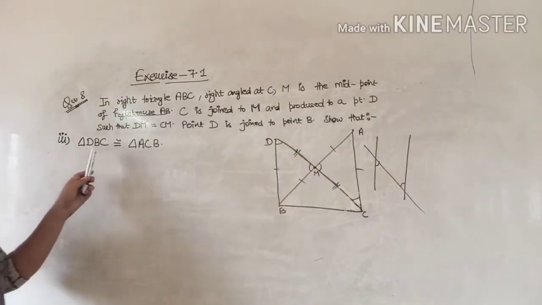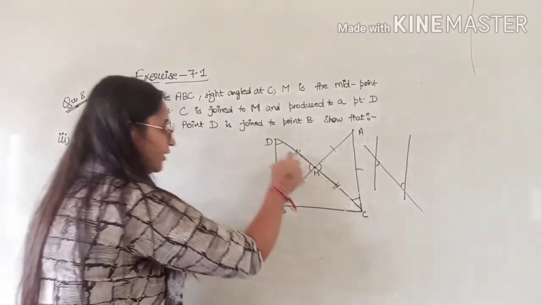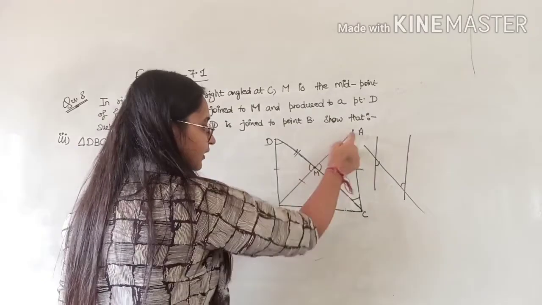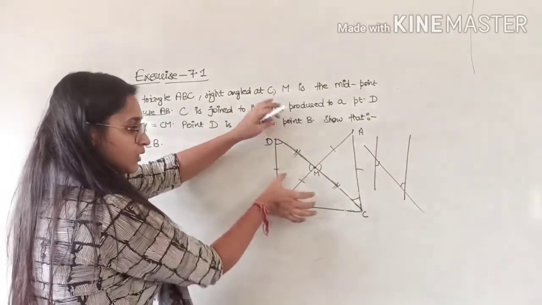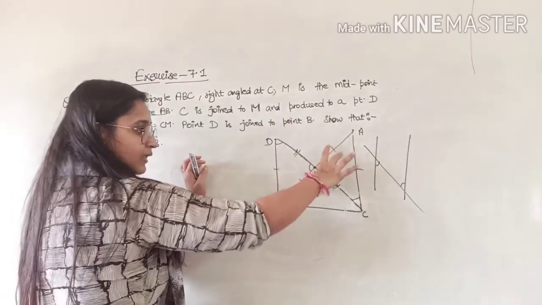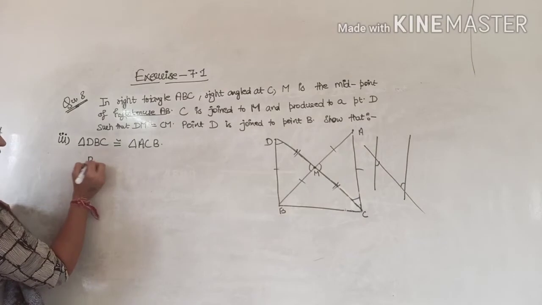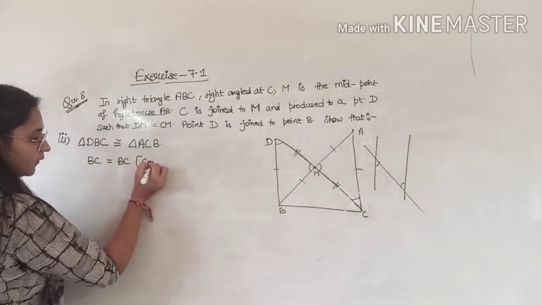Third part is triangle DBC. This complete triangle DBC is congruent to triangle ACB. First of all, see that from these two triangles, the base is BC. It means I can write BC is equal to BC. That is common.